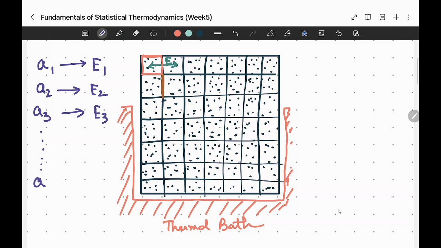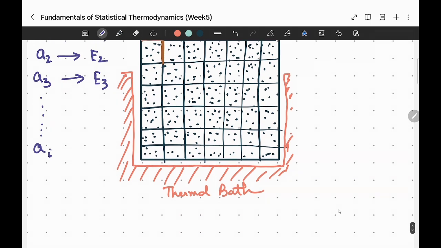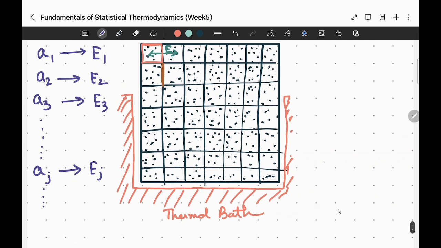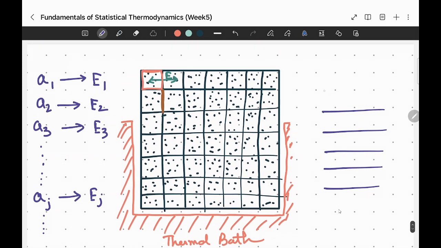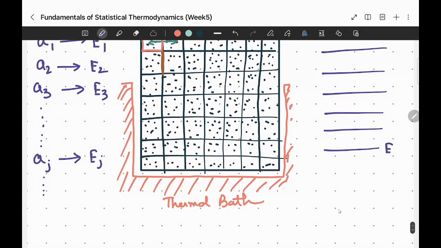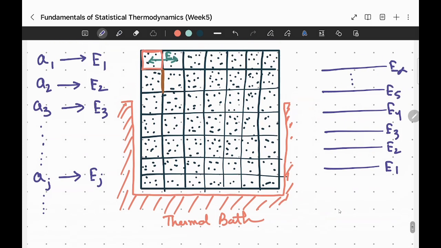In general, aj number of copies with the energy ej, and it goes up to infinity. So how can you write the energy levels? Energy levels will be e1, e2, e3, e4, e5, and so on, up to infinity.